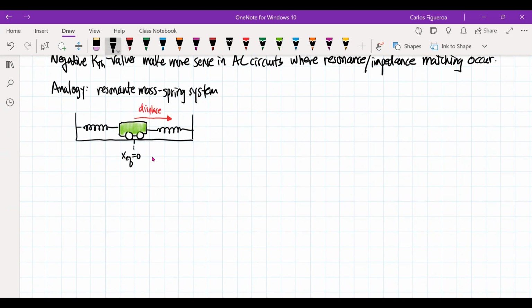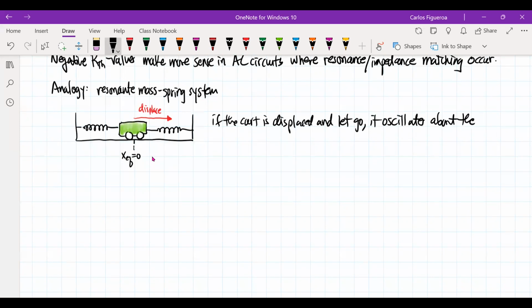So what this tells me is that if the cart is displaced and let go, it oscillates about the equilibrium.